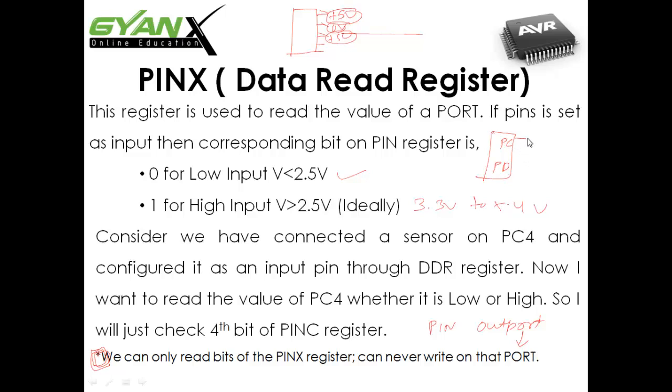Suppose you are taking an input from port C pin 1 and you have also connected an LED there, you cannot do both things at the same time. So in this way you can read the values using the PIN register. This is needed to avoid metastability if the physical pin changes value near the edge of the internal clock. This is how you can use the PIN register.